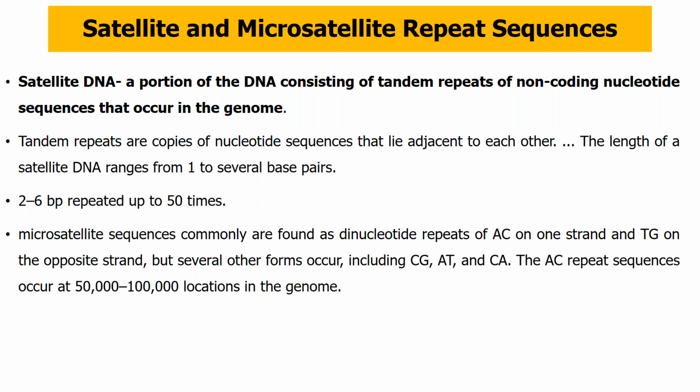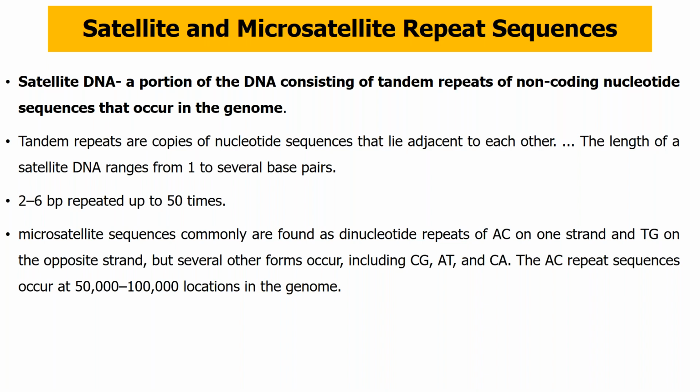Satellite DNA is a portion of the DNA that consists of tandem repeats of non-coding nucleotide sequences that occur in the genome. Tandem repeats मतलब जो बार-बार repeat हो रहा है. They are the copies of nucleotide sequences that lie adjacent to each other. The length of a satellite DNA ranges from 1 to several base pairs. 2 to 6 base pair repeated up to 50 times को हम tandem repeat बोलते हैं.